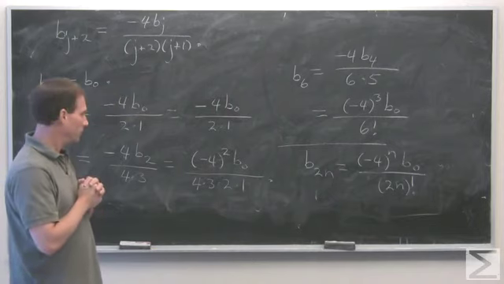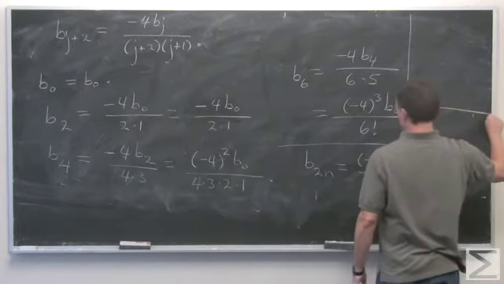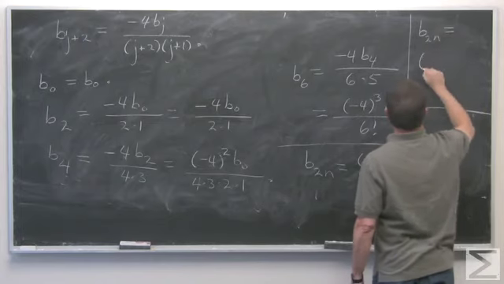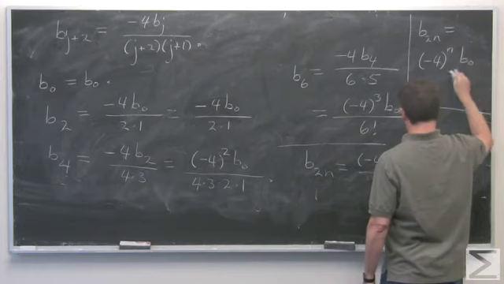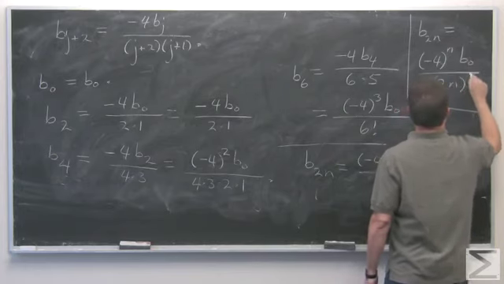Okay, that's what we're getting for the even coefficients. This is our formula. B sub 2n is minus 4 to the n times b naught over 2n factorial.